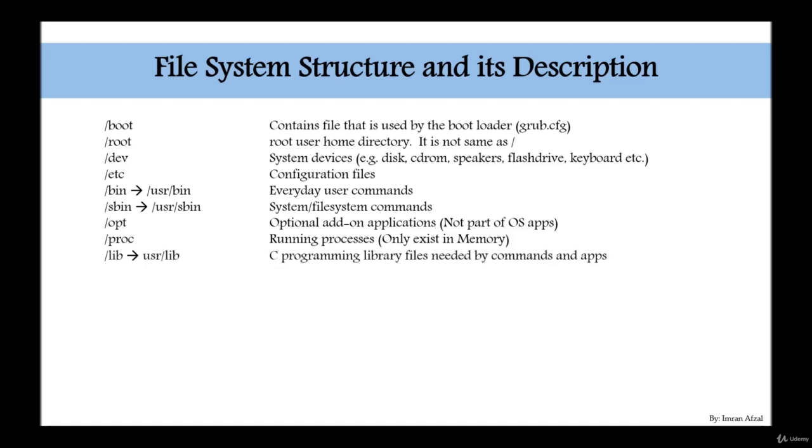/lib, which is now pointing to /usr/lib, is the location where all the C programming library files are kept, and those files are needed by commands and applications. Meaning, if you are running a command, let's say pwd or ls, all those commands have libraries attached that they go and look for.